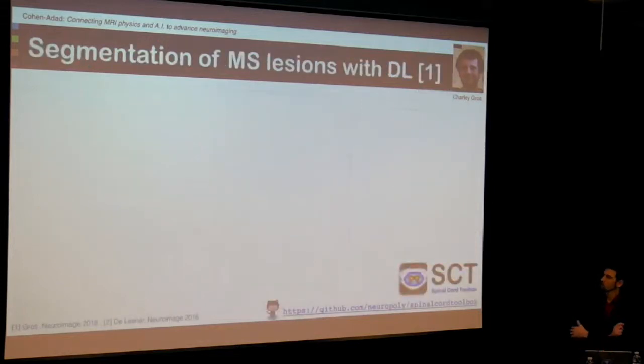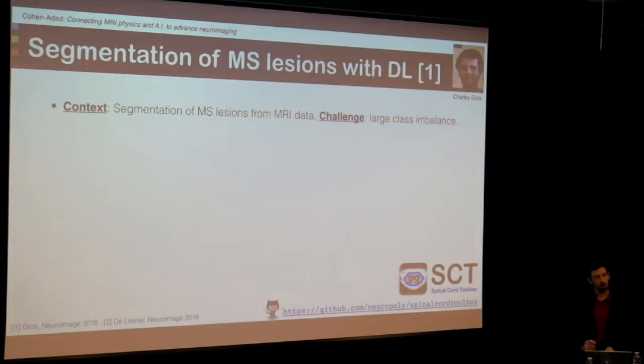And once we got those manual labels, of course, we wanted to train some deep learning tools in order to detect those lesions automatically. So that was the project of Charles Legros, who is a PhD student in my lab. And one of the main challenges of those segmentation tasks is that there is a large class imbalance. Basically, we input data, which are big 3D volumes with 100,000 voxels.